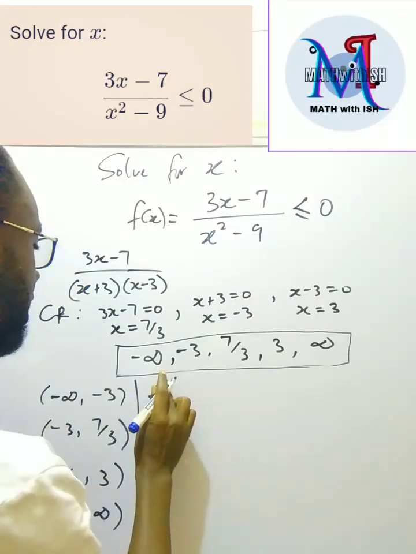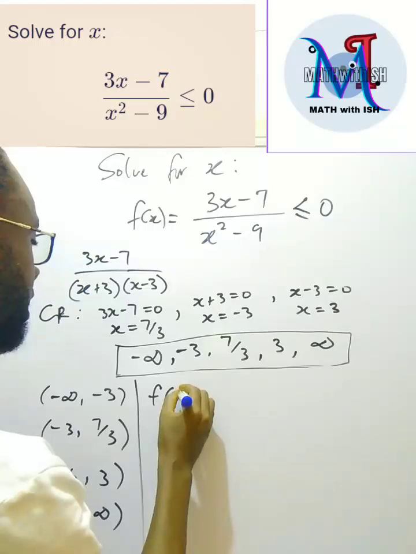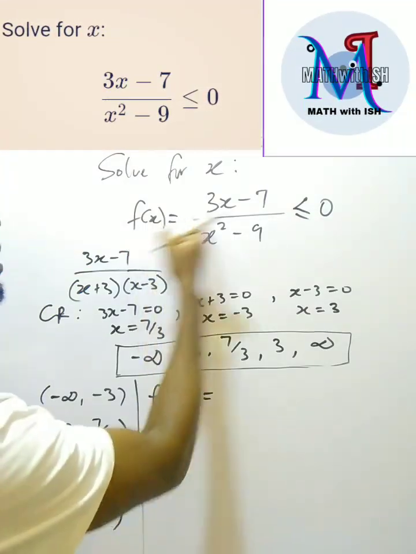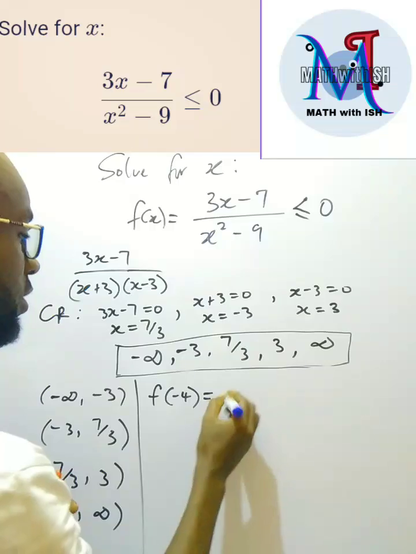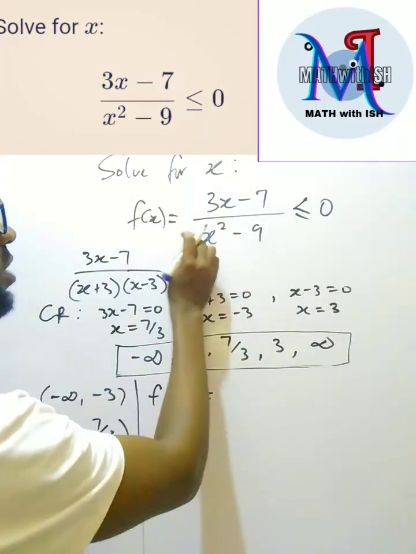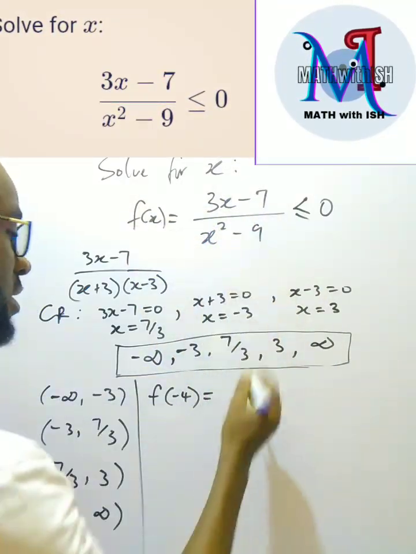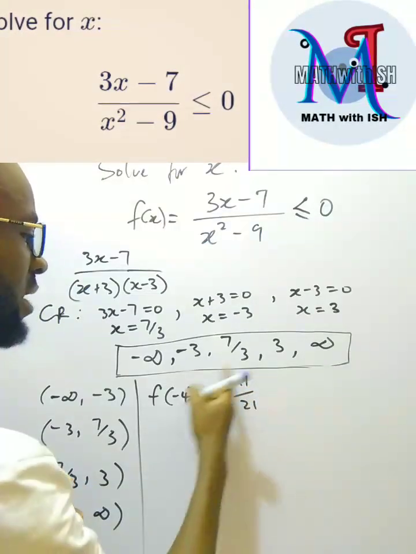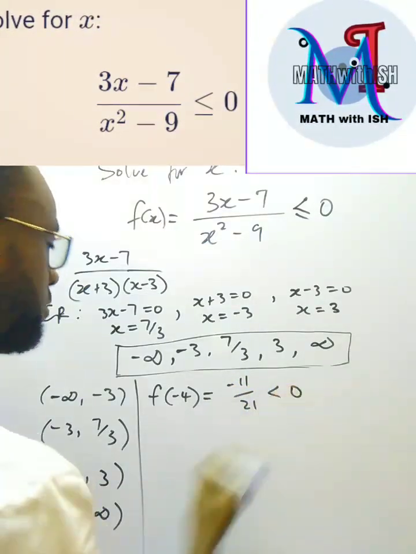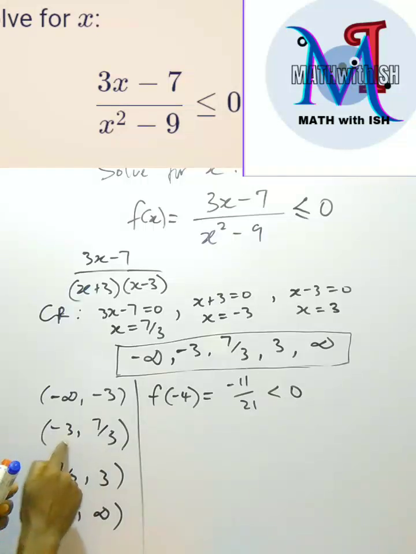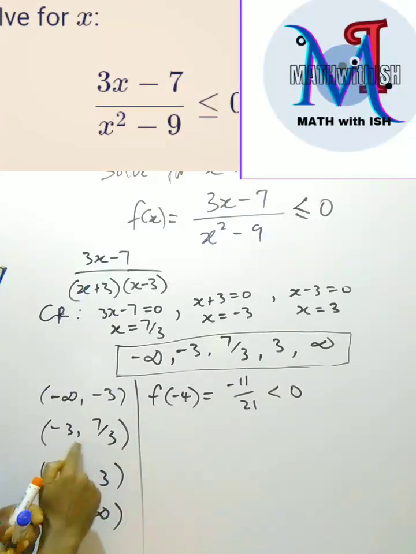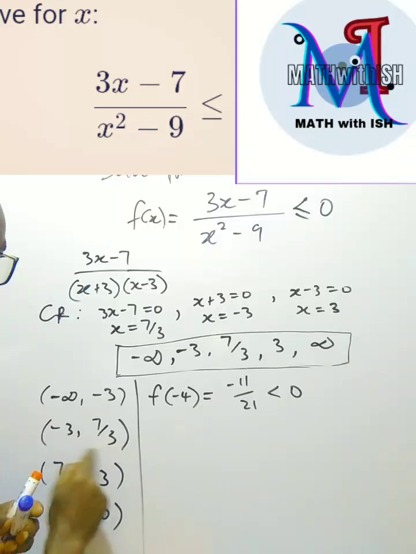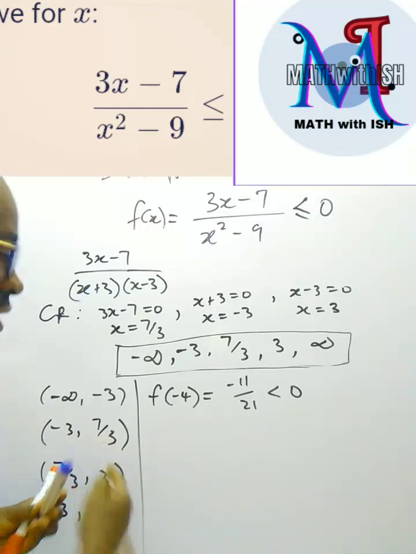If I take my x as minus 4 and substitute minus 4 into this f of x, I'm going to have my answer as minus 11 over 21, and this value is less than 0. I do the same thing for the next interval, minus 3 and 7 over 3. The number I can choose between this is 0.